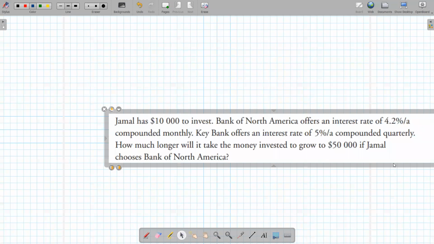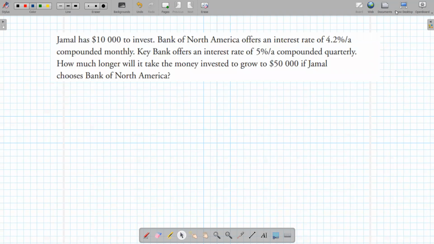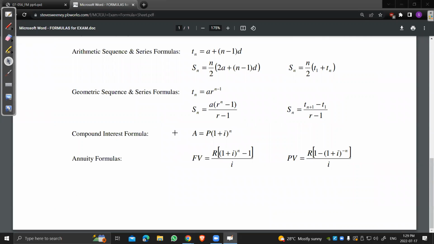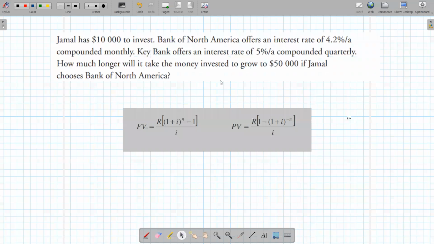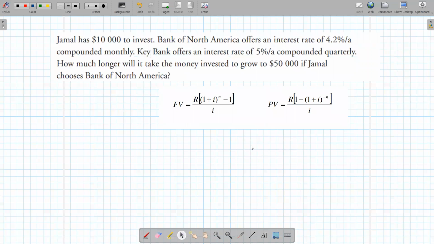Now from here onwards, we won't know if this is a future value question, it won't say outright. So you're going to have to think about it, which is the tricky part. So what kind of a question is this? Again, it doesn't have to be this, but this is from the same unit.